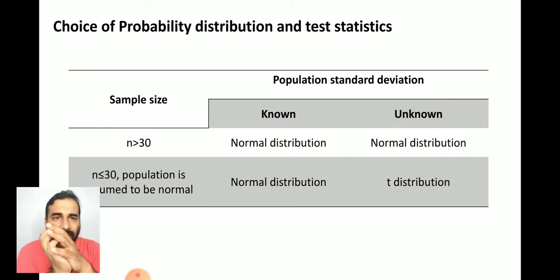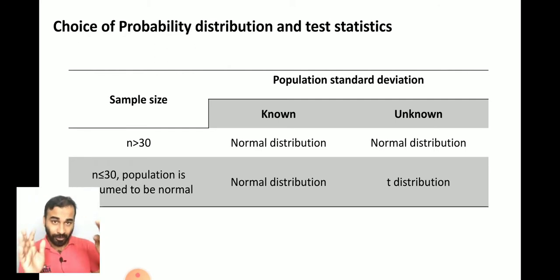Whereas if the sample is less than or equal to 30, but the population is assumed to be normal, we don't know about the population, but we have certain information that the population is normal or approximately normal, then if you know the population standard deviation, again you can go for the normal distribution. But if you don't know, and many times we don't know the population standard deviation, in such a situation we can only go to the t distribution.